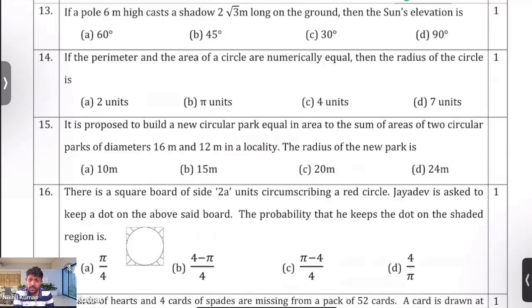Okay, let's move on to question number 13. If a pole 6 meters high casts a shadow this long on the ground, then the sun's elevation is what? Let's draw the schematic first.